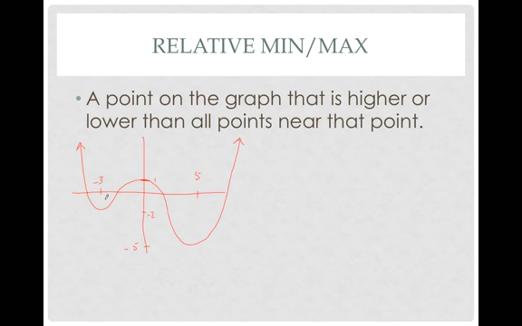So we look at little parts of the graph, and if we looked at just this section right here, there is a minimum on this section of the graph, and that minimum would occur right here at -3, -2. So we would say this function has a minimum at the coordinate -3, -2. Then we look over here, and at this section, it has a maximum, or a relative maximum, at the point 0, 1.